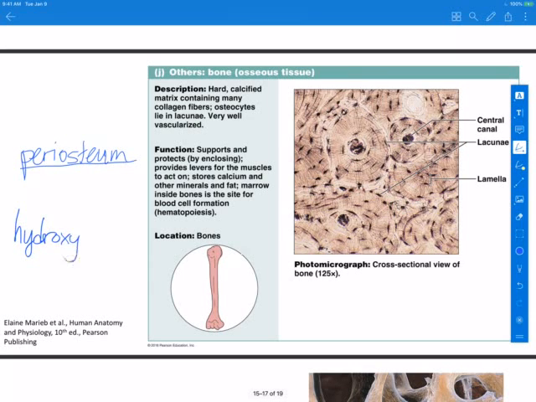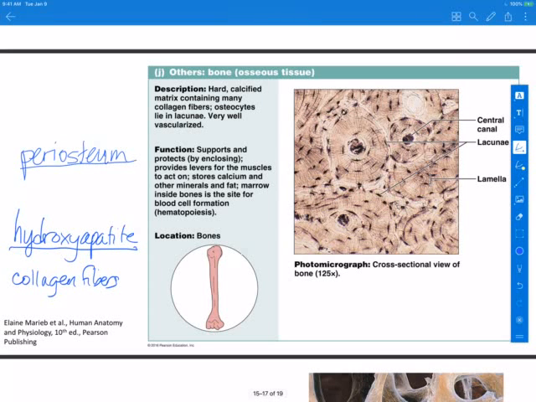Okay, hydroxyapatite is a form of calcium phosphate, and I mentioned that in class. This is the mineral portion of the bone that gives bone its hardness. You'll also note, though, that bone includes an organic portion made up primarily of collagen fibers and some cells, although there are many more fibers in the ground substance than there are cells.